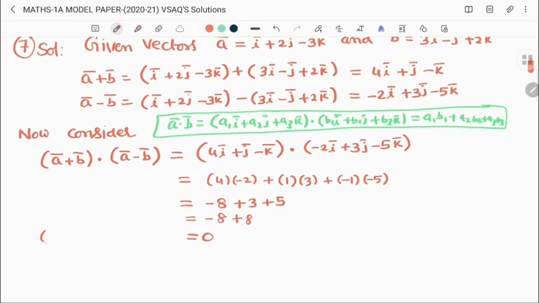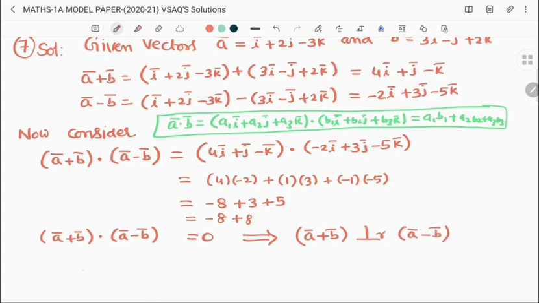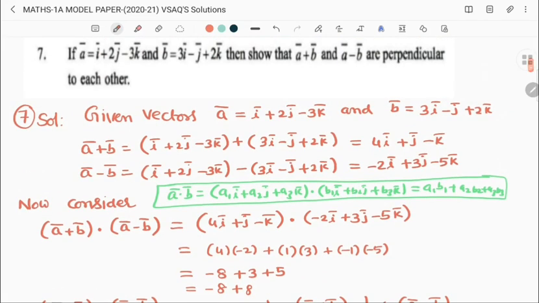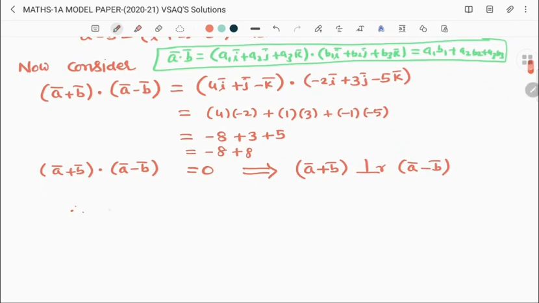So when the dot product of two vectors, a bar plus b bar dot a bar minus b bar, equal to 0, that implies that a bar plus b bar is perpendicular to a bar minus b bar. Hence proved.